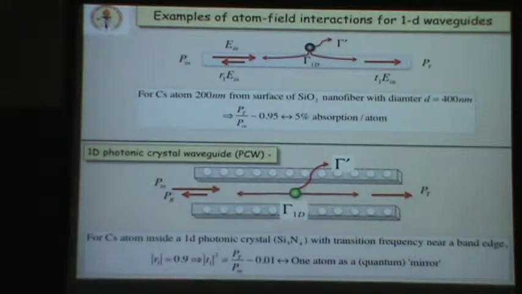In a structure like that we calculated, and we've done some measurements I'll show you later, that this transmission coefficient, which is 95% here, can be 1%. That means a single atom inside a structure like this can attenuate the light 100-fold, with just a single photon. That's a lot bigger than will ever happen here, and that's the kind of thing we want to talk about: not unstructured waveguides, but photonic crystals.